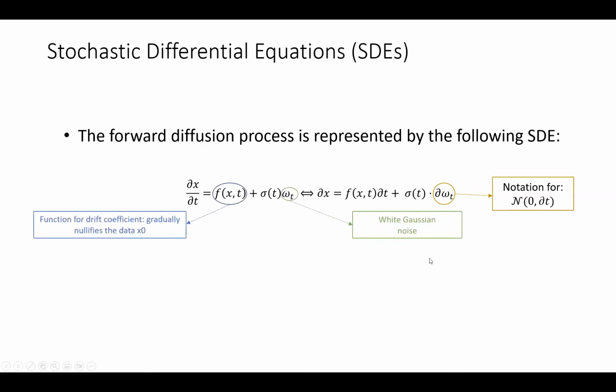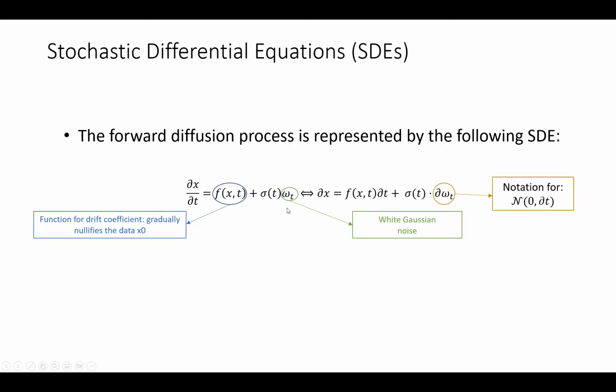Now these are the components. This is called the drift coefficient, which will gradually nullify the data x0 and make it noise. And this is the Gaussian noise with zero mean and identity covariance matrix.